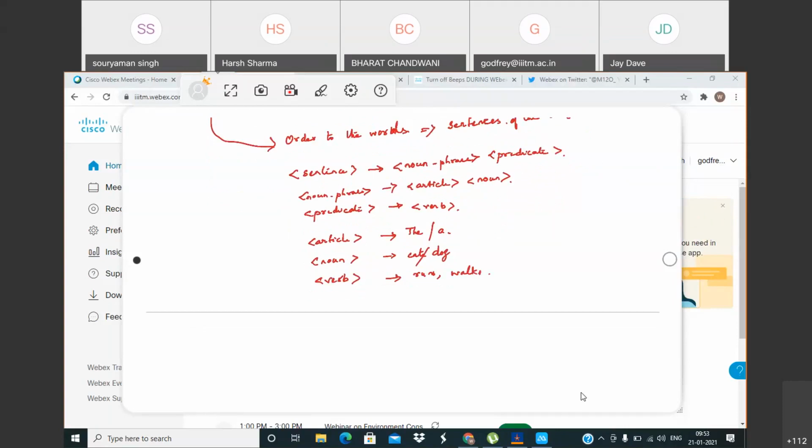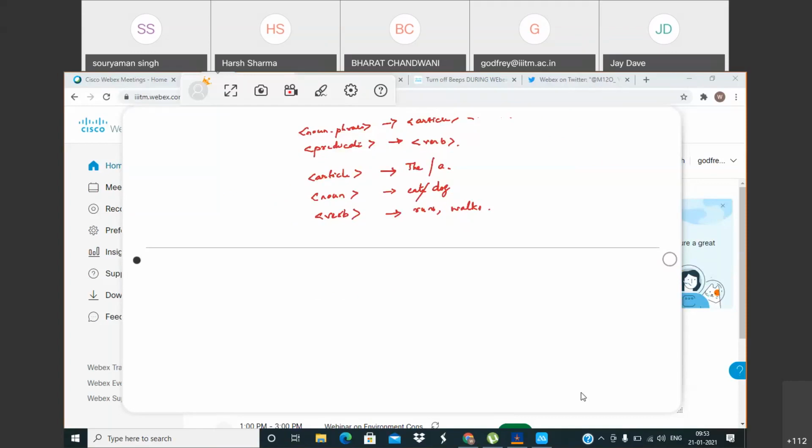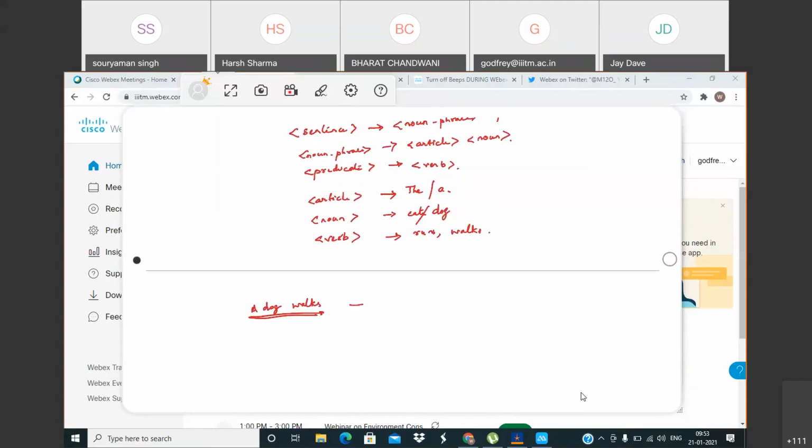Now if I have a sentence like "a dog walk", then using this construct, I will be able to say that this is an article followed by a noun followed by a verb.